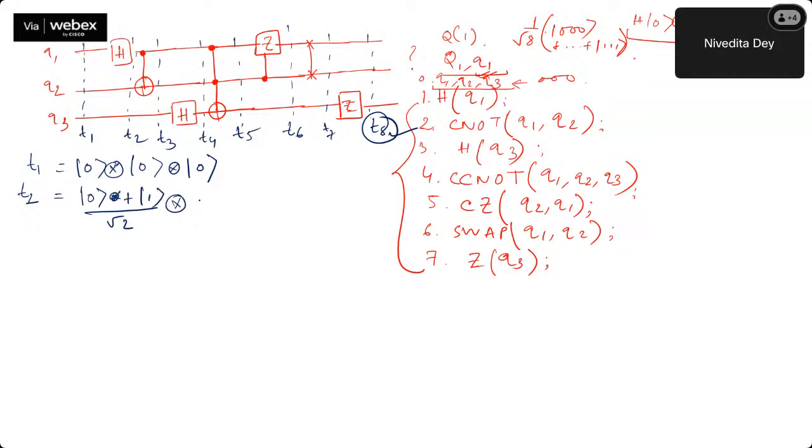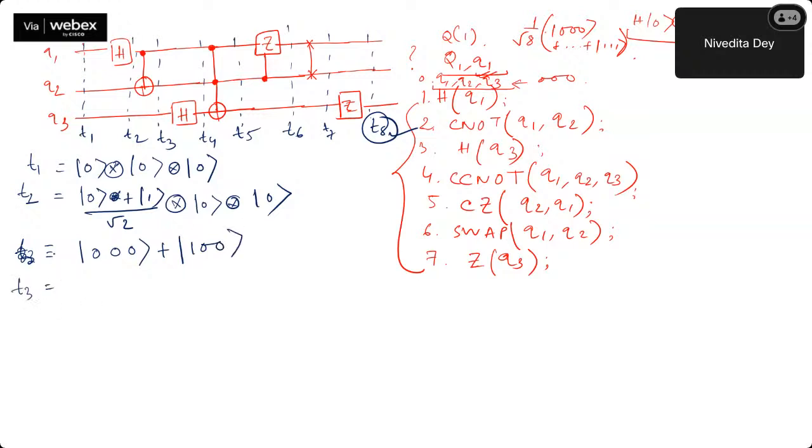So T2 will be 0, 0, 0 plus 1, 0, 0. All right.